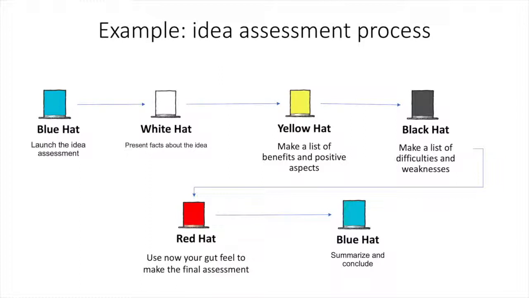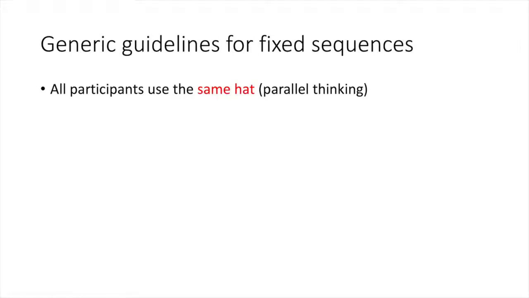Now, before we go on, let's give some generic guidelines that we need to have when we use fixed sequences of the 6 thinking hats. First of all, participants in the session have to use the same hat. We call this parallel thinking. Then we can use one and only one hat at a time.